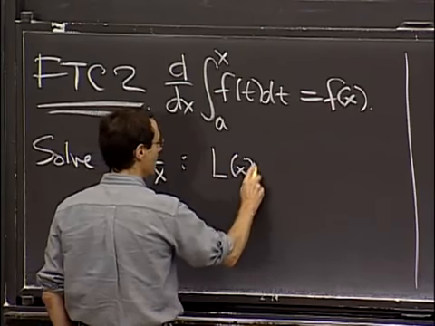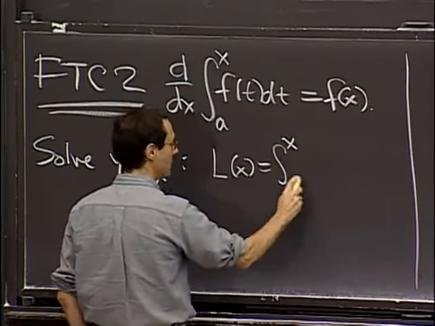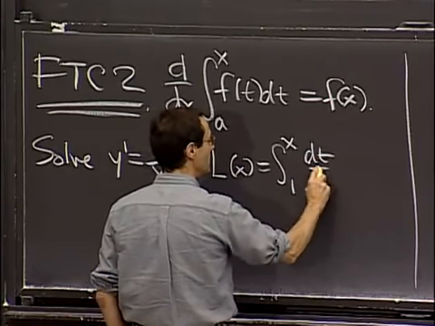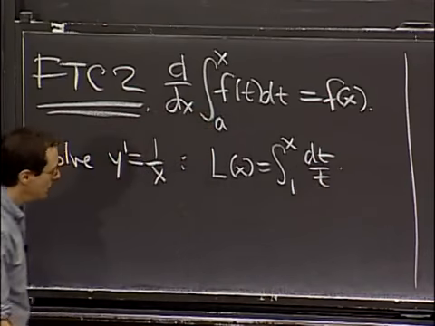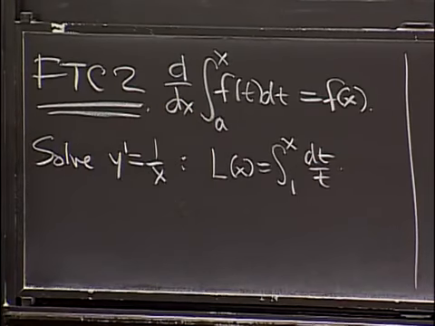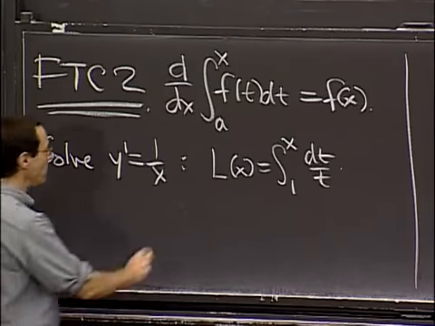L of x is the integral from 1 to x of dt over t. The function f of t is just 1 over t.